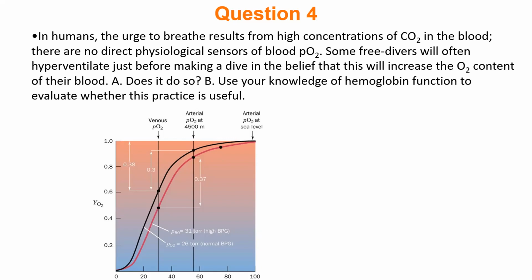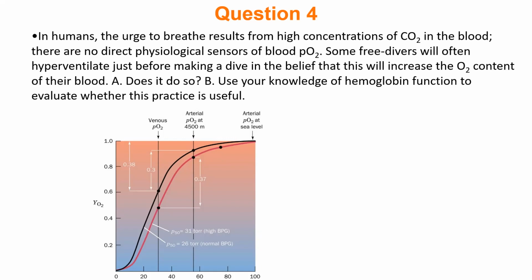And so your blood becomes more acidic. If your blood becomes more acidic, the hemoglobin inside your blood, because of the Bohr effect, will be in the T state. And so before you actually dive underwater, you're going to release the oxygen already, which actually decreases your ability to dive further underwater because you don't have that hemoglobin around that has oxygen stored. You already released it while hyperventilating.